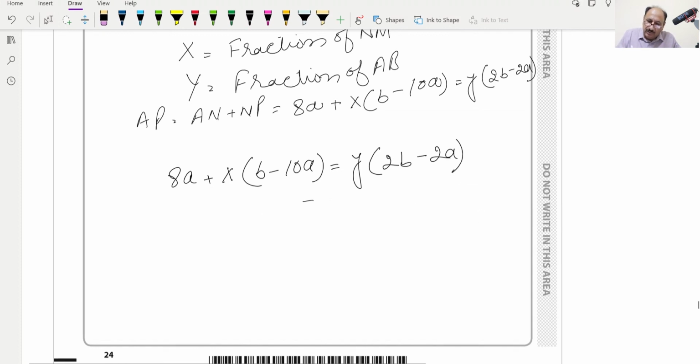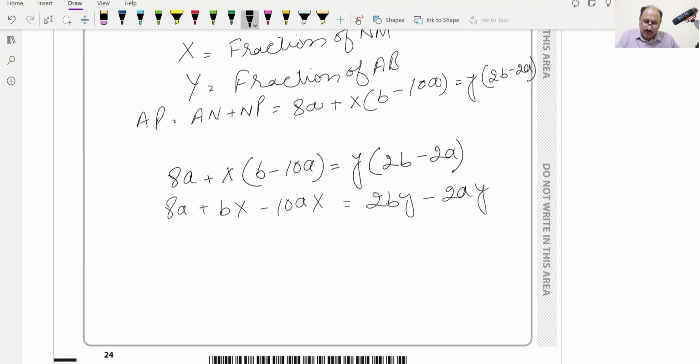So I will erase this one and open this one first: bx minus 10ax is equal to 2by minus 2ay, and now we can rewrite it as 8a is equal to 10ax minus 2ay, basically, and the other will be plus 2by and minus bx.